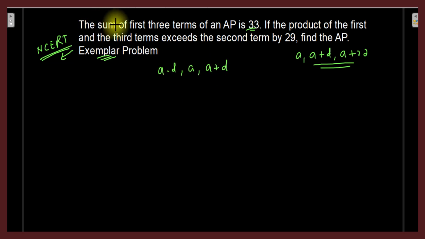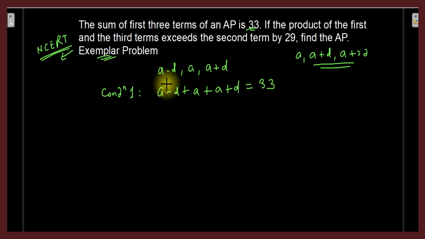Now the first condition is that the sum of the first three terms of an AP is 33. So by condition 1, we get A minus D plus A plus A plus D, the sum of these first three terms, is given as 33.